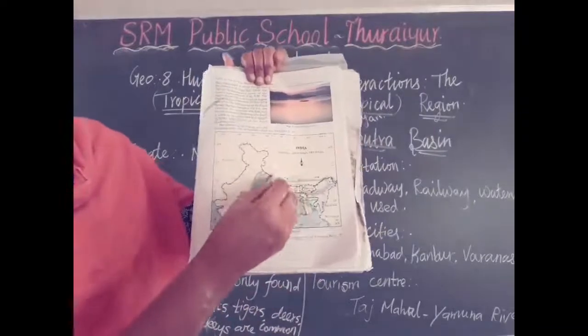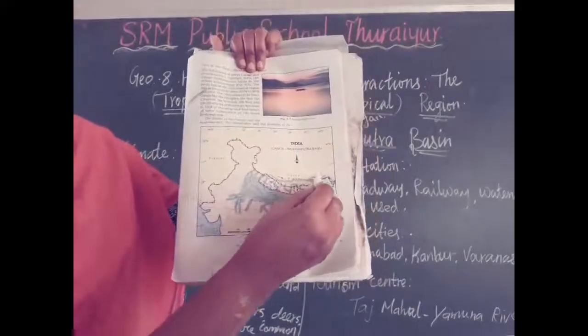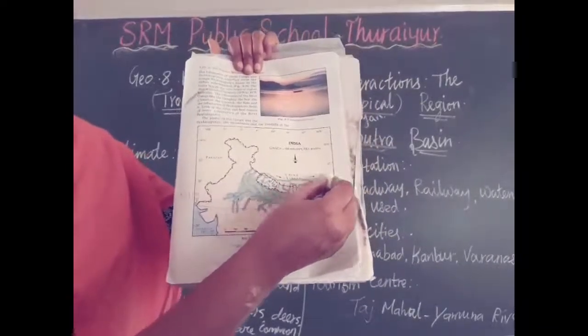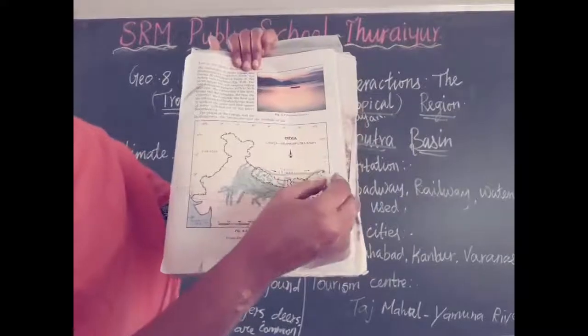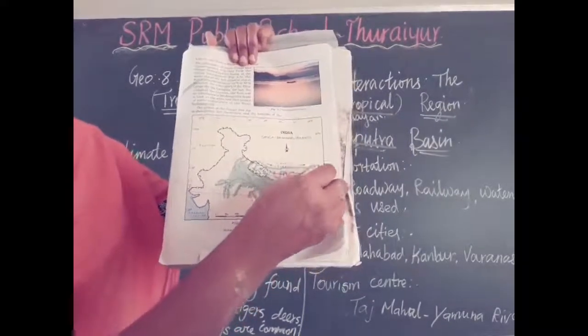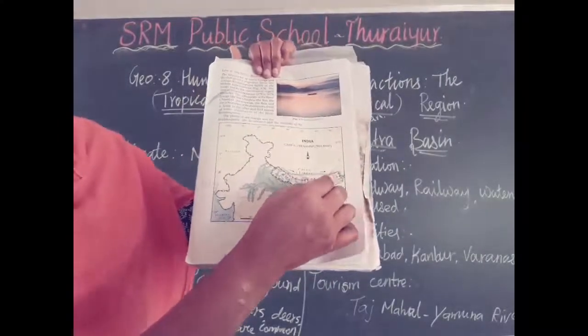But when Brahmaputra starts here, it flows mostly through China via Tibet. Most of the Brahmaputra drains in China, and at last it enters Arunachal Pradesh and drains some Indian states.